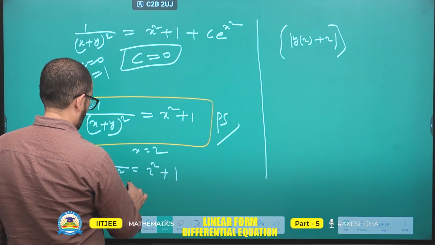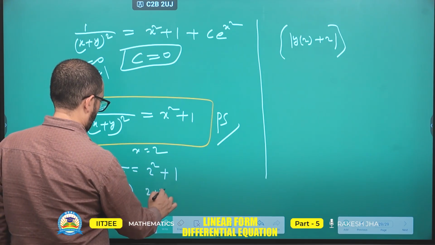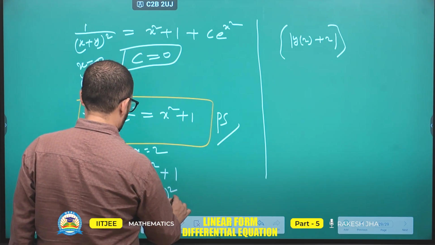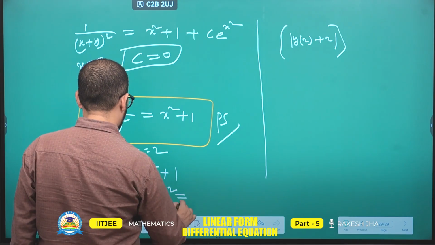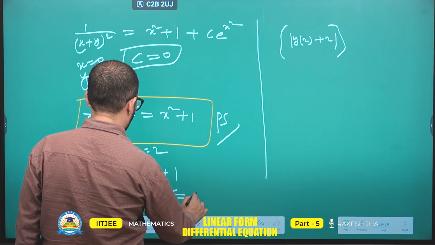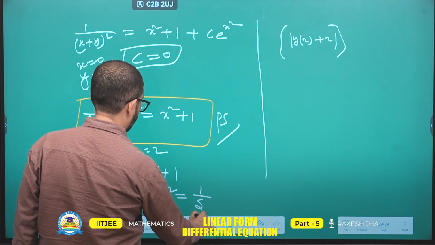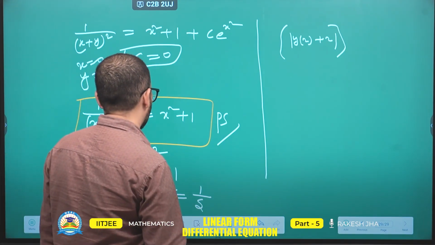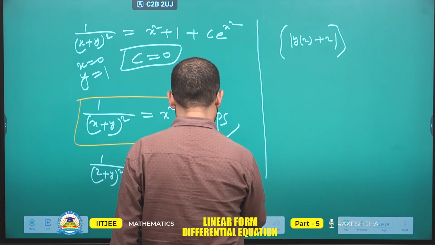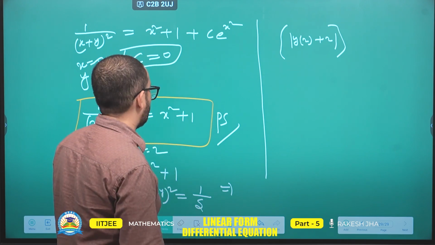So 2 plus y whole square is equal to 1 by 5. Here y is nothing but y of 2.